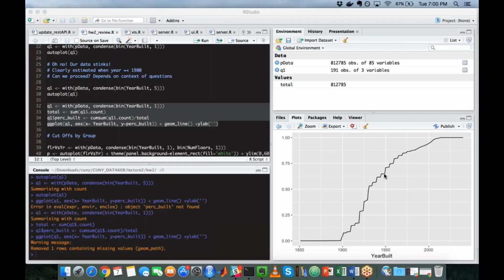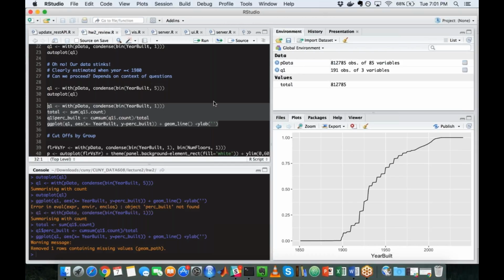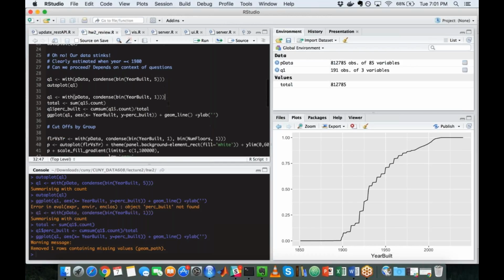Here, steeper slopes are when more buildings are being built during those years. So as expected, during the 40s, 30s, we have steep slopes, and then it tapers off here, and we're crossing that 50% threshold right here. Most people came up with visualizations along these lines. So, any questions about question one?